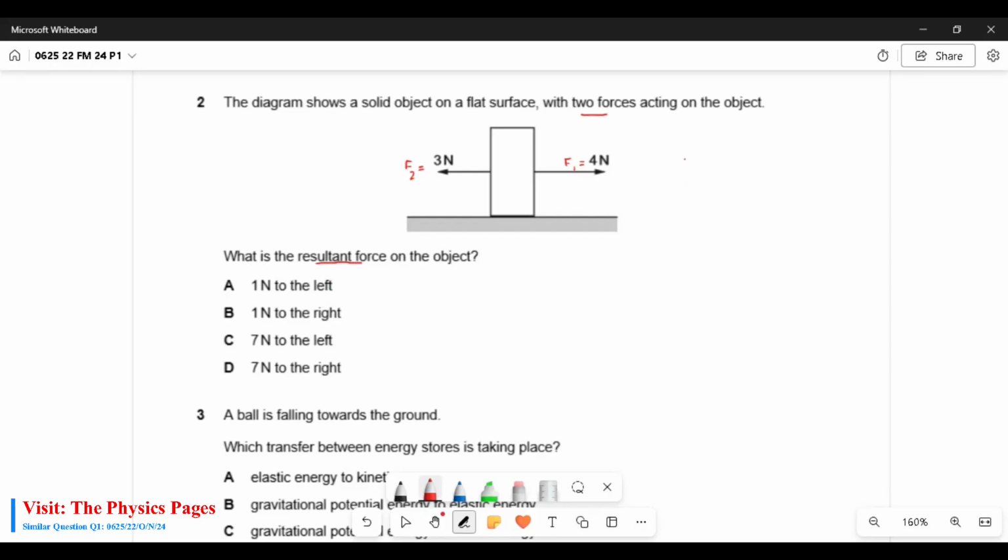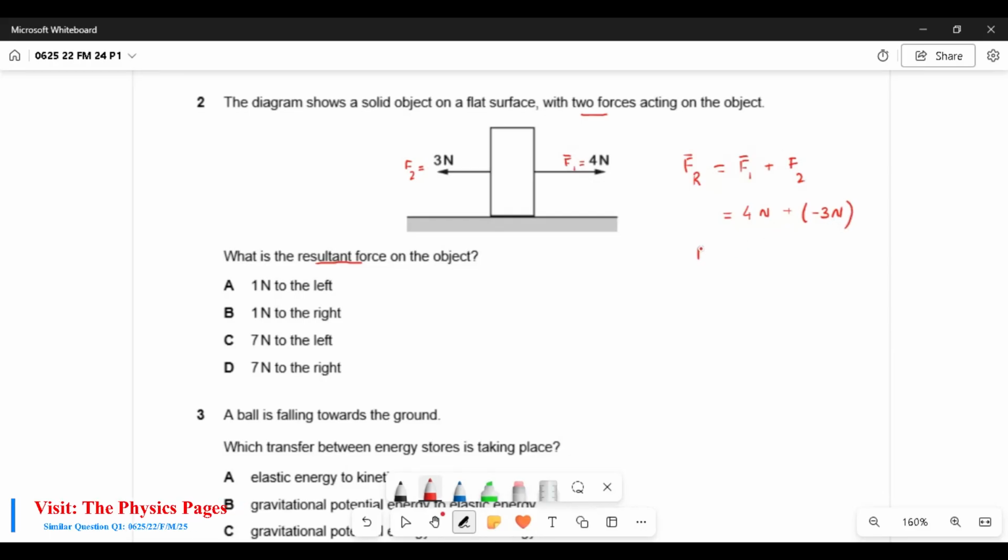To find the resultant force, let's say R or Fr, we add the two forces. If you see, we have a force F1 to the right, I will write it 4 Newton, and I will add it to the force on the left, that is negative 3 Newton, because it is to the left.